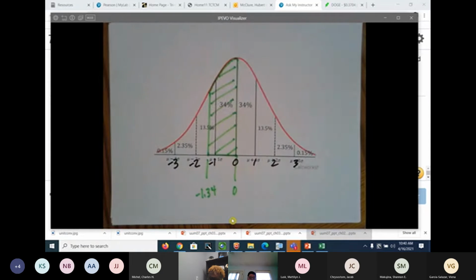So I'm going to do normal CDF and go from what to what?